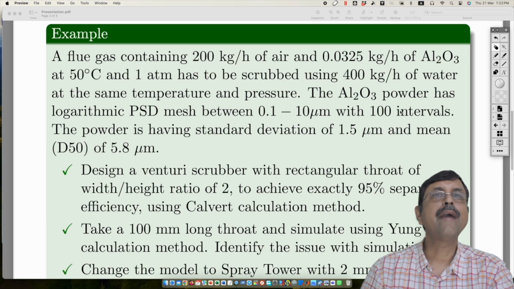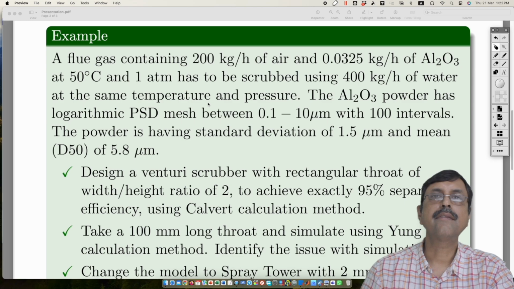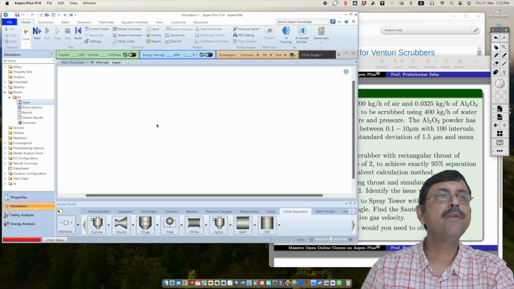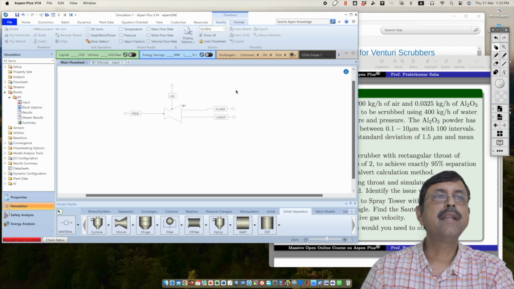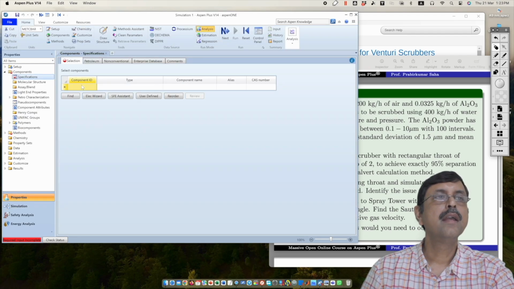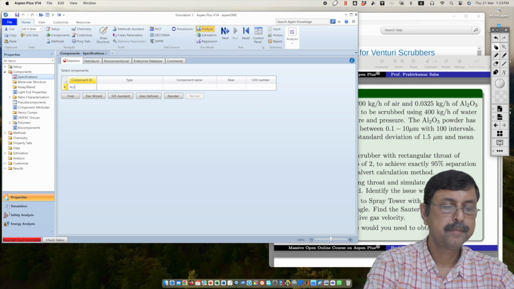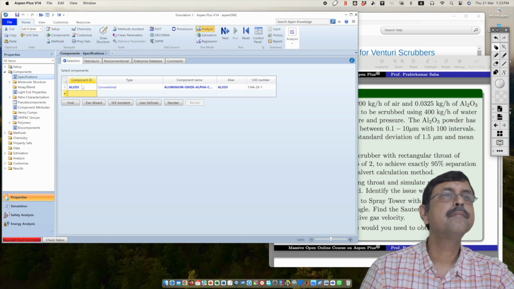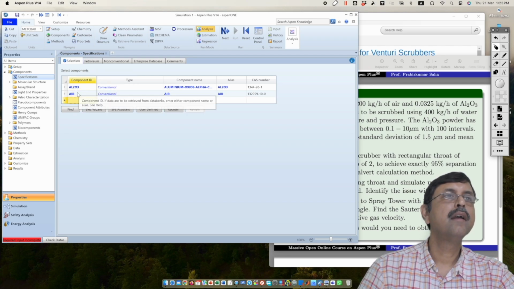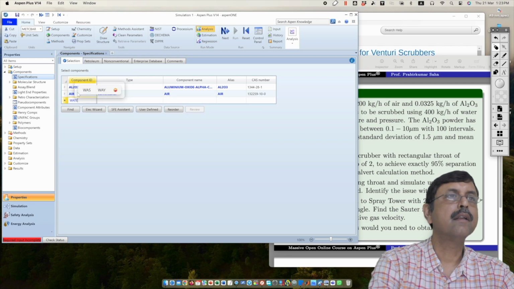So we will go to Aspen and let us enter those data. Okay, so let us go back to the main flow sheet. So we have to enter the data. First, go to the properties. Al2O3. It will have air and water.